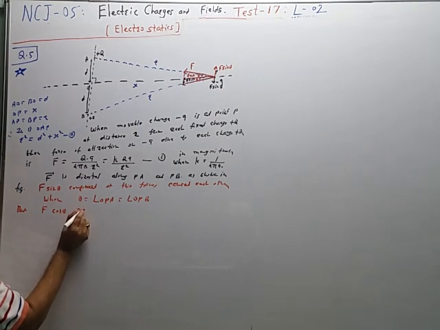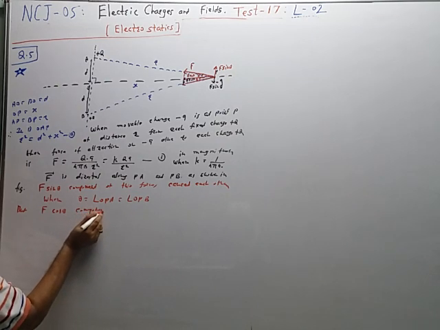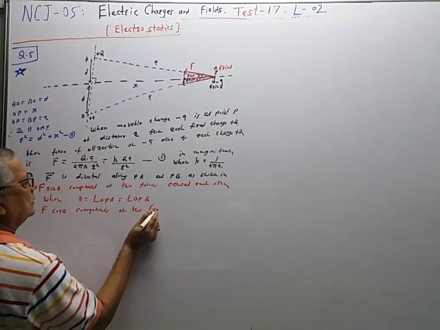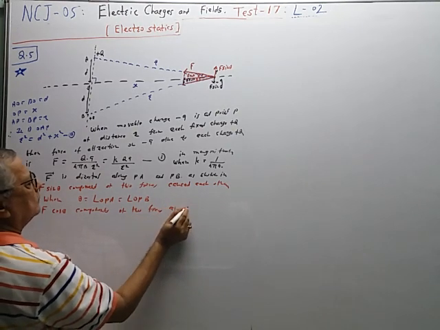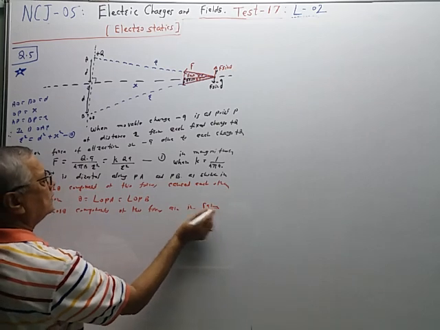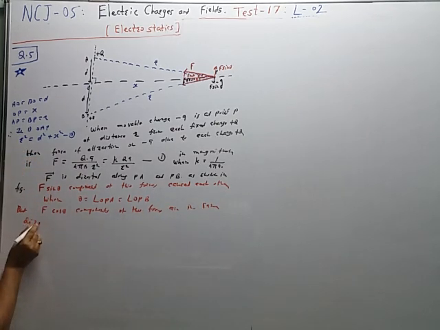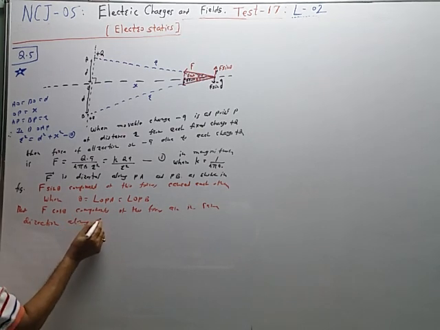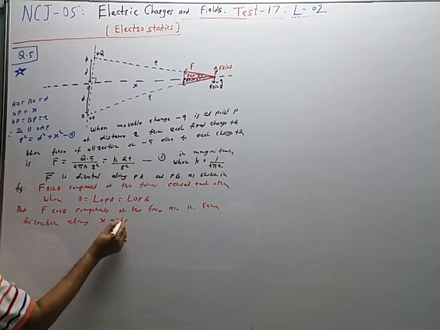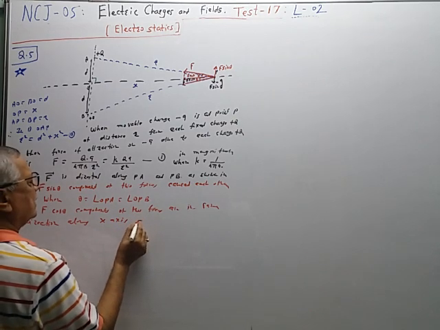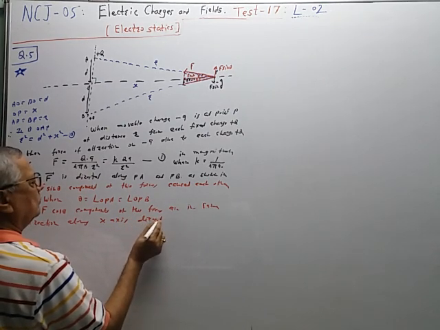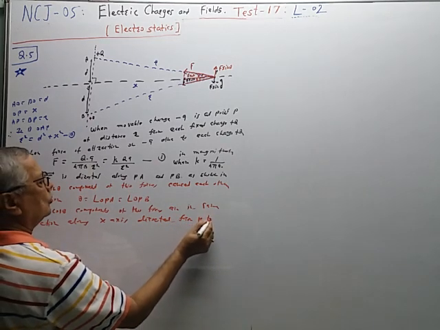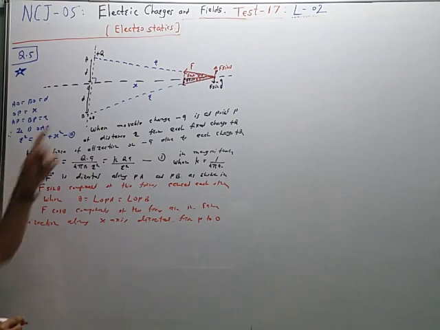But the F cos theta components of the two forces are in same direction, along x-axis, directed from P to origin O. See this.